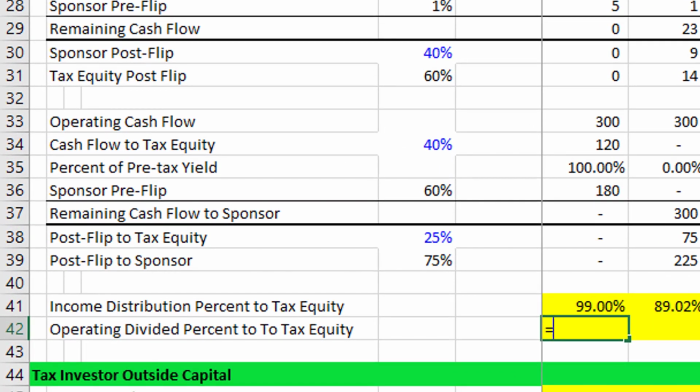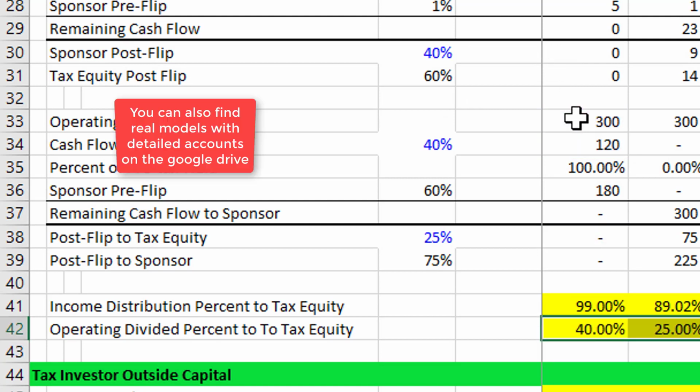And this is the operating income, the operating dividend, and we need that when we look at the total dividends. This is the cash flow to the tax equity, and then I put the post flip there, and we divide that by the total. And we need this kind of middle one where it all flips.